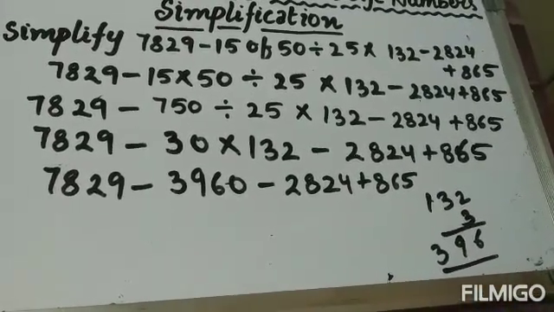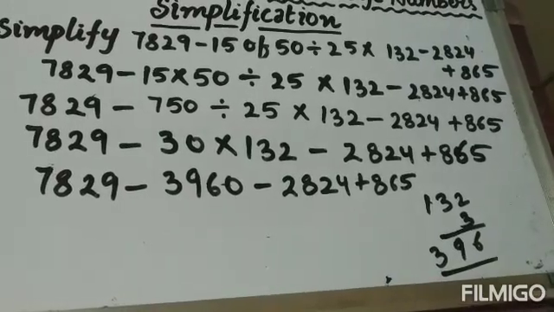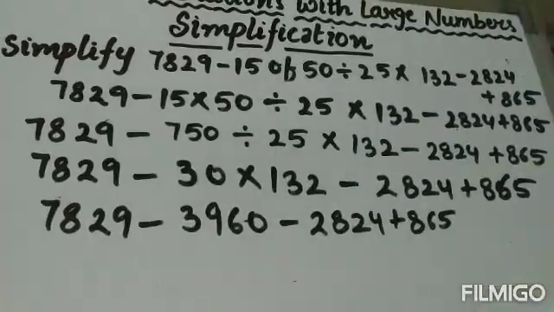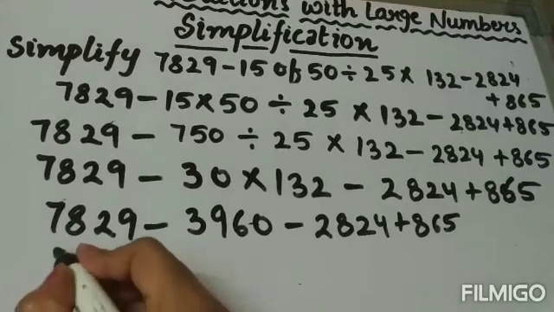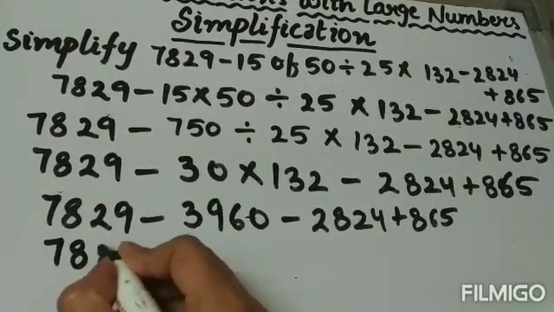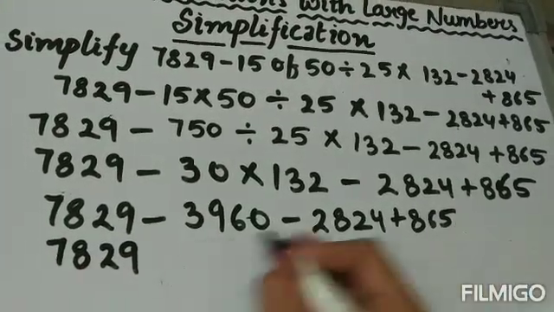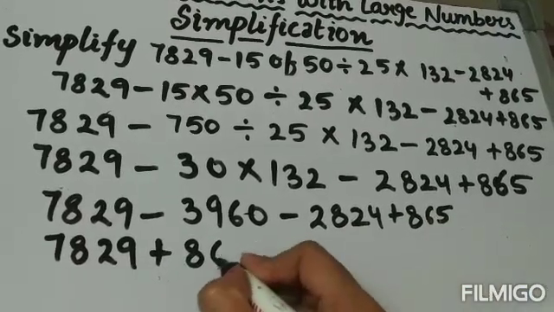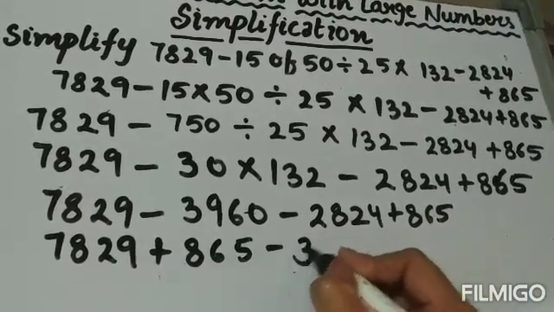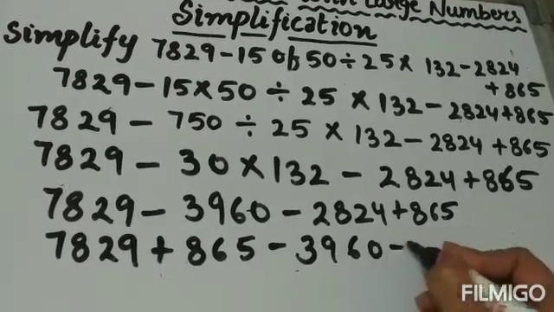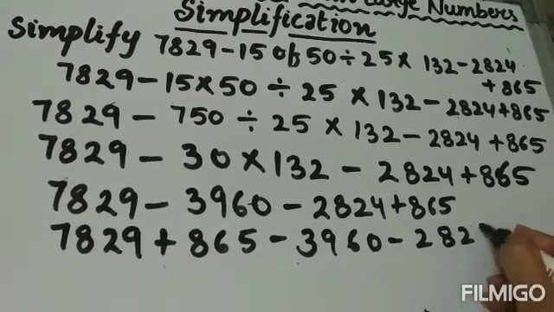Now O is over, D is over, M is over. Now it is the turn of A, add. We have to add in the next step. So arrange the numbers: 7829, this will come here, 865 minus 3960 minus 2824.